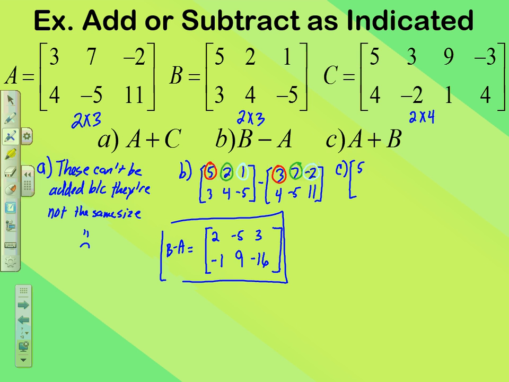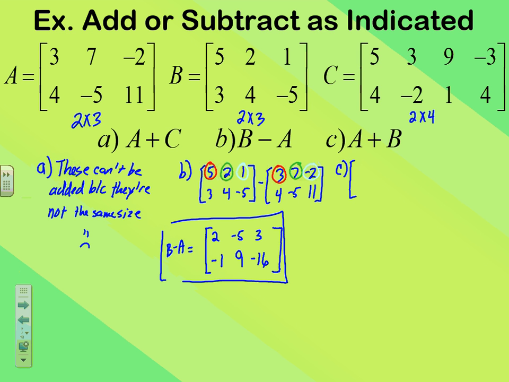So 5, 2, and 1, and then the 3, the 4, and the -5. Oops, I'm writing this in the wrong order. Let me fix that. I'm writing matrix B again. We have to do it in the order that they gave us.